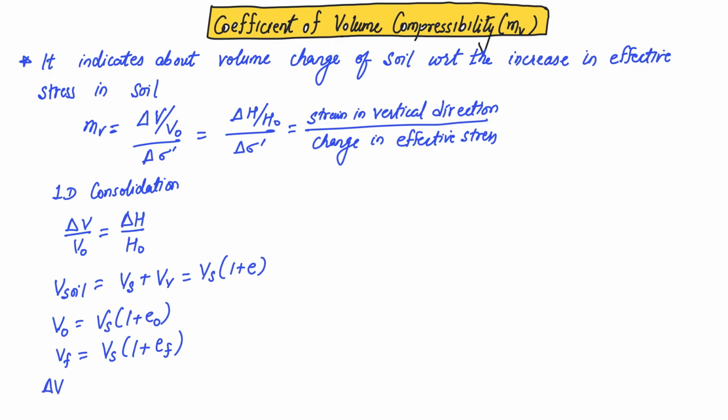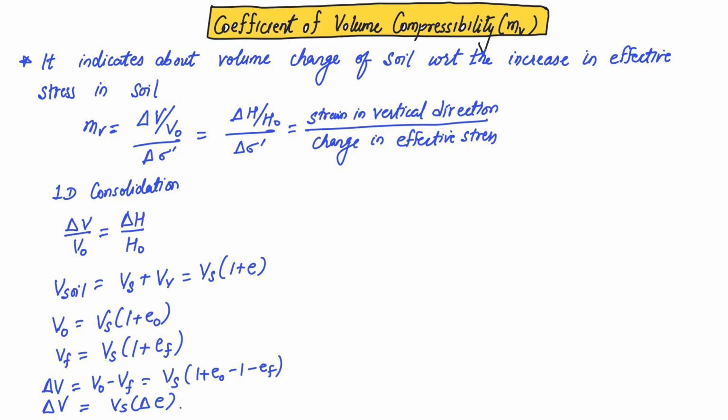The change in volume is the initial volume minus the final volume, which equals Vs into delta e. So here you have the expression for the change in volume and also the initial volume.